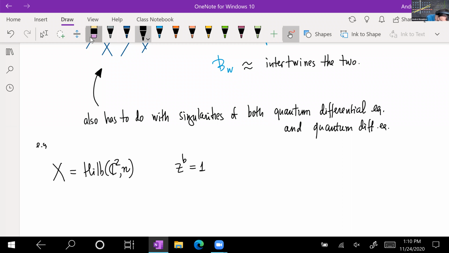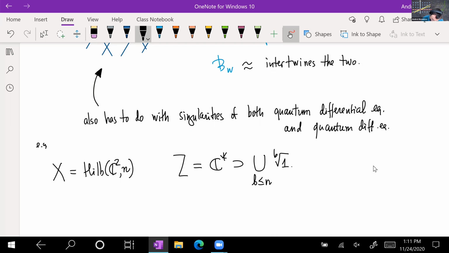This is the union, so these are the singularities for Z. You get your Z. The torus Z is just one-dimensional, C star. And here the singularities are the union over b less than or equal to n of the b-th roots of 1.